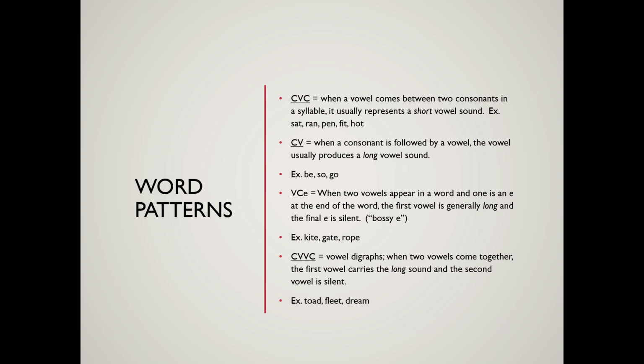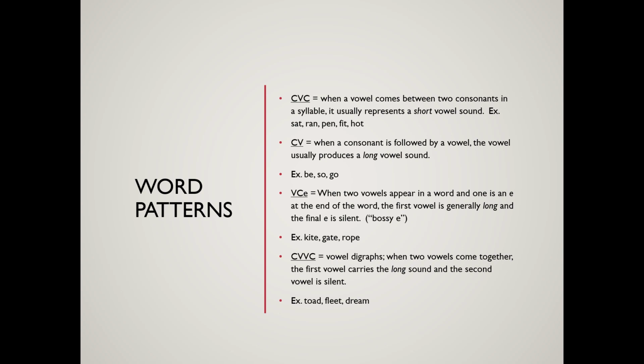Moving into word patterns, this is where words start to come together for kids in phonics. They're putting the sounds together with letters, and we do that in pieces. CVC means consonant, vowel, consonant. Those are 3-letter words that begin with a consonant, have a vowel in the center, and end with a consonant.